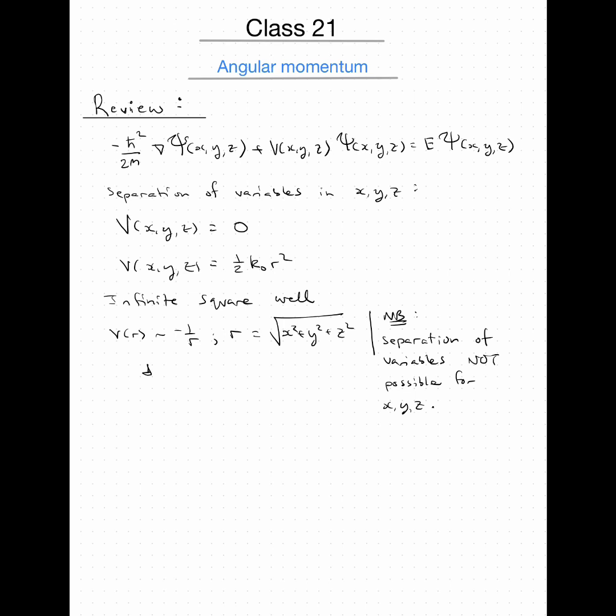But we noted that this works in spherical coordinates.